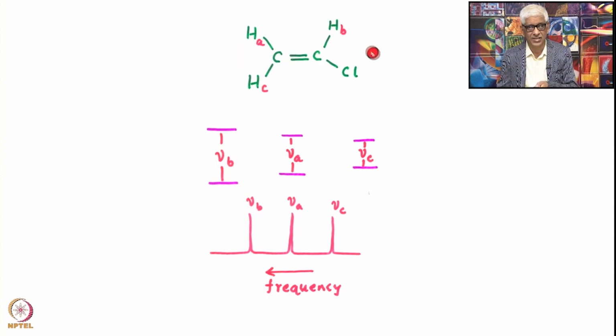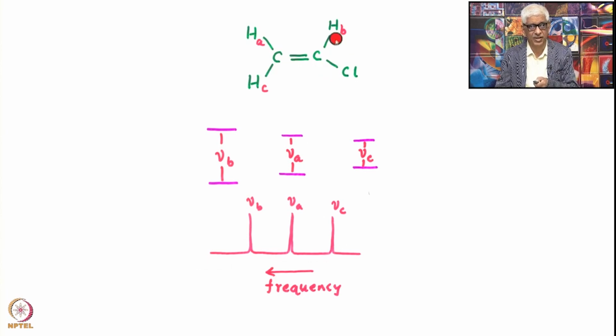Chlorine is an electron-withdrawing group, so it changes the electron density around the protons. Whatever the electron density is determines how much the screening will be. If the electron density is lower, the screening will be less, and therefore the absorption will be at a higher frequency, a higher delta value. So the frequency of absorption goes like this.